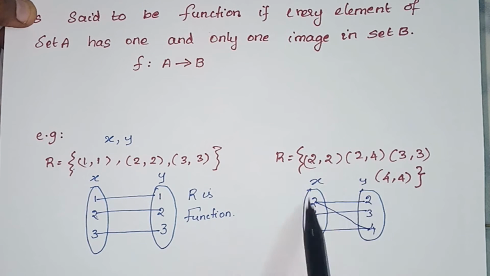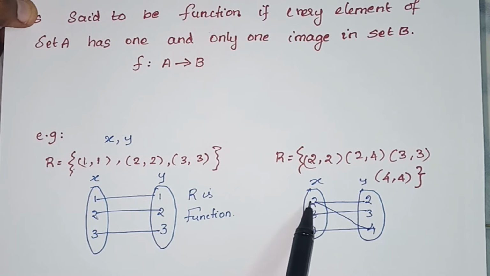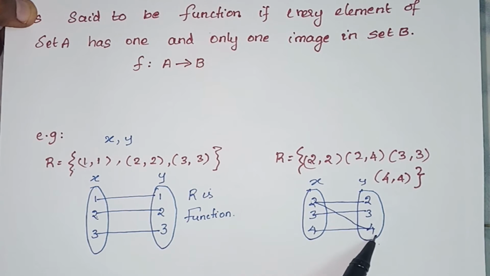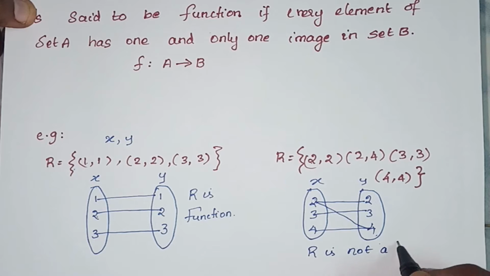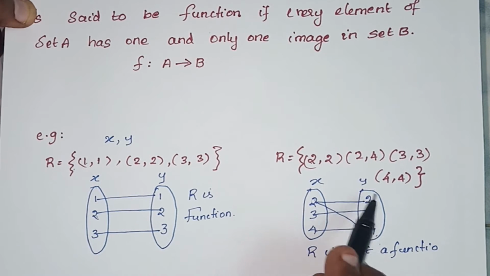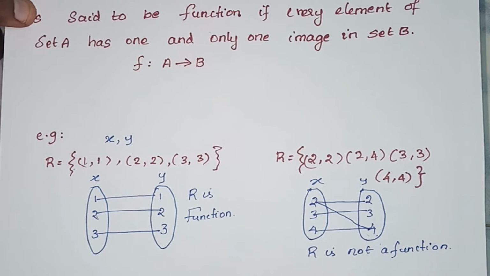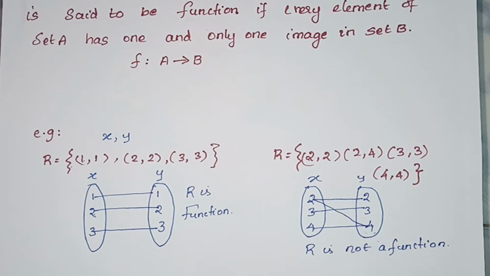Is this relation a function? No. Why? Because this 2 is associated with two values, 2 and 4. So this relation is not a function because one x value is associated with two y values. A function is nothing but every x value is associated with only one y value.